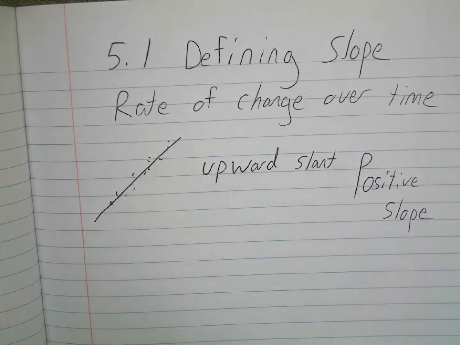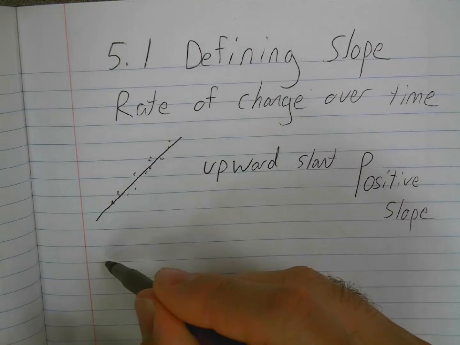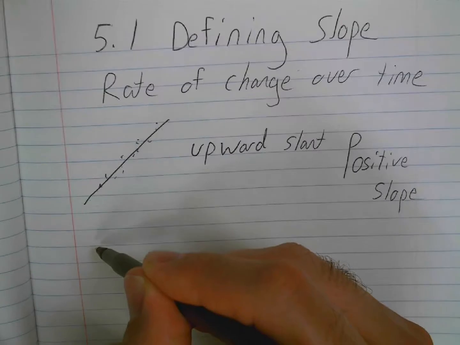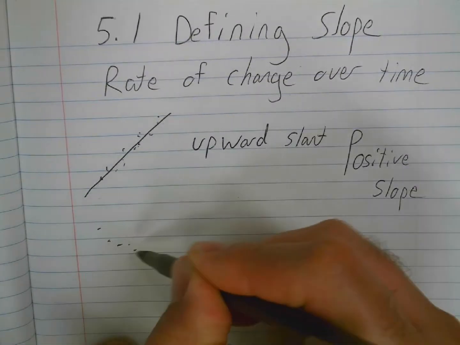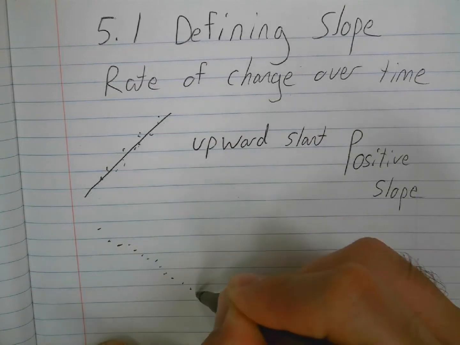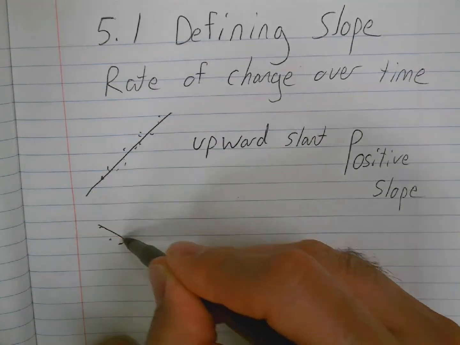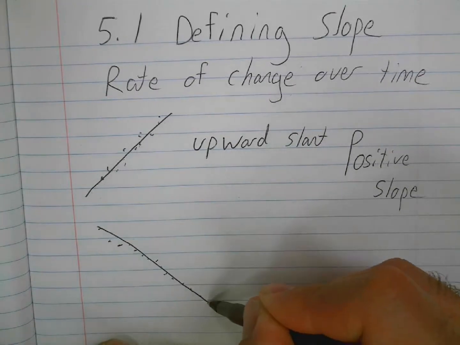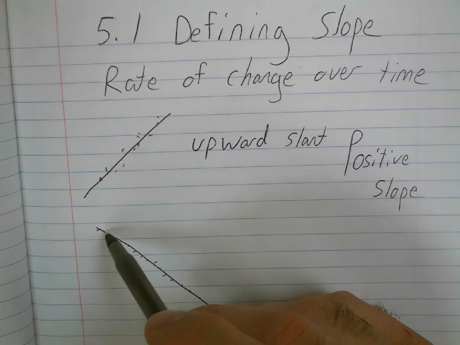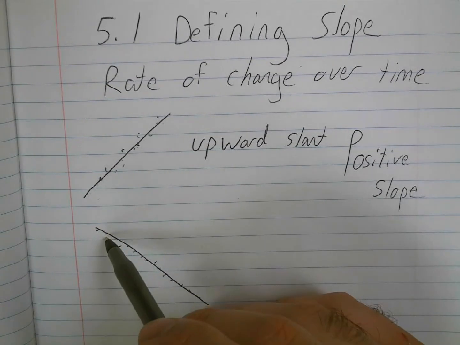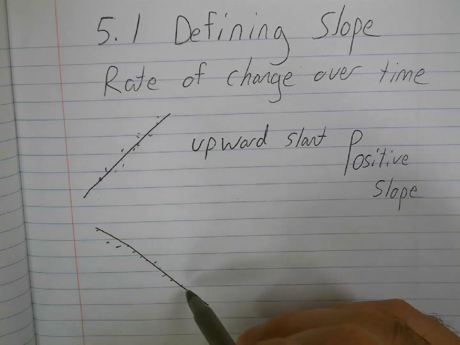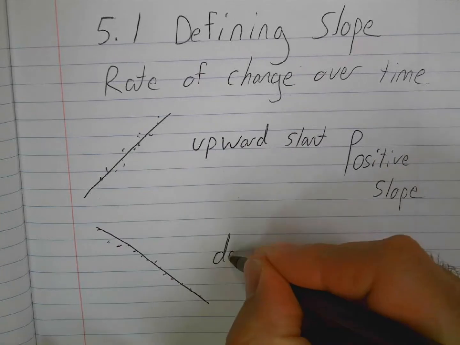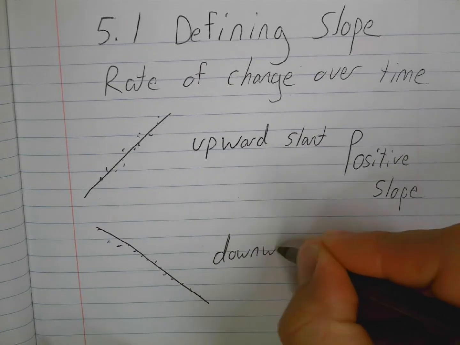Next, if I have my points, and we're going to collect some data, right? And when I gather my data, and my points, when I do my line of best fit, go down from left to right, over time, my line's going down. I have a downward slant, right?